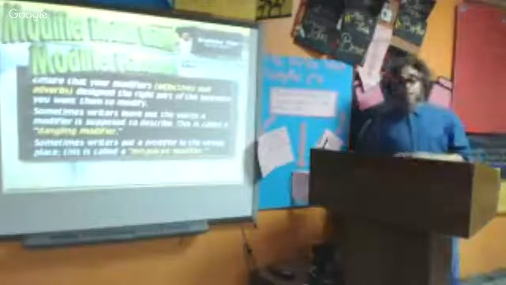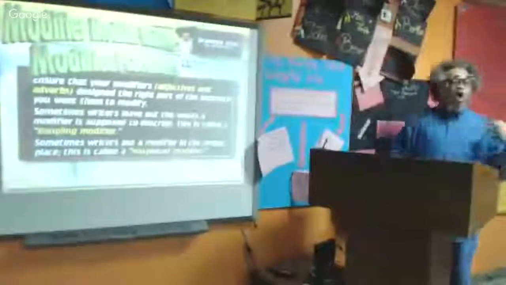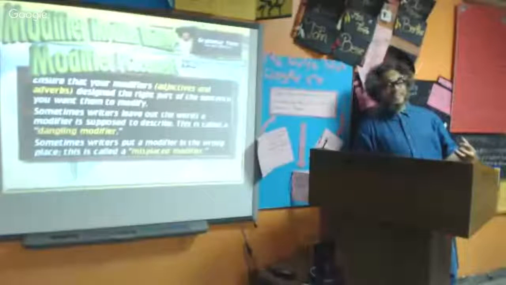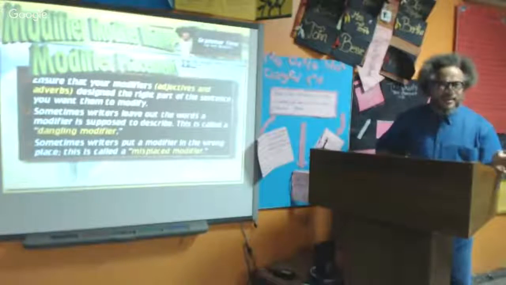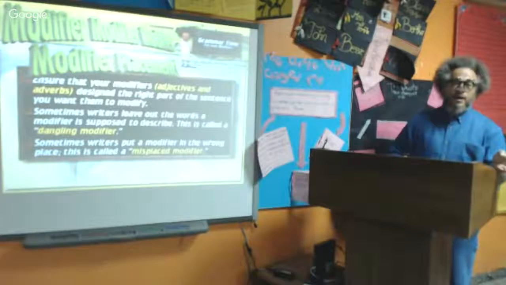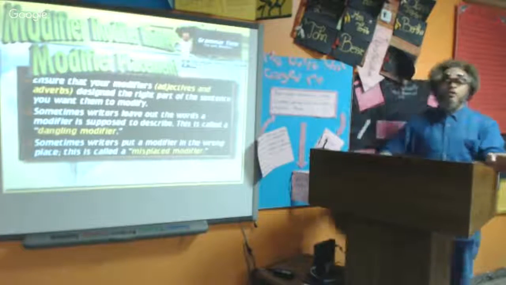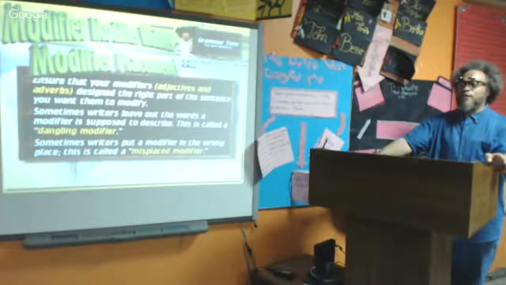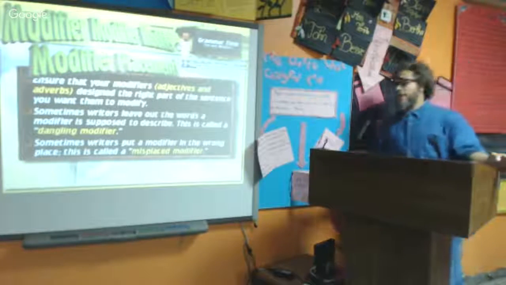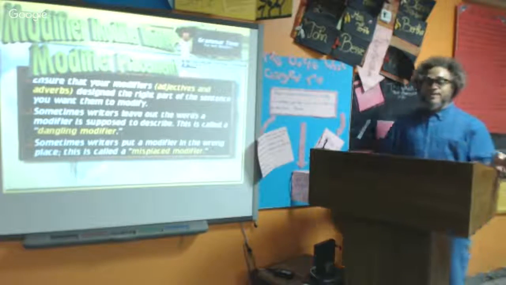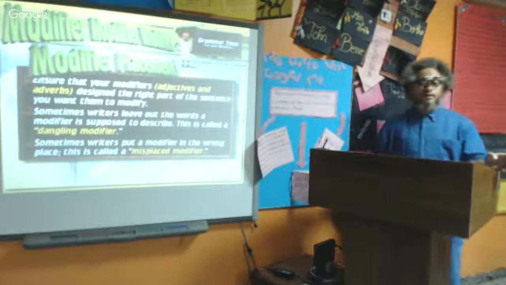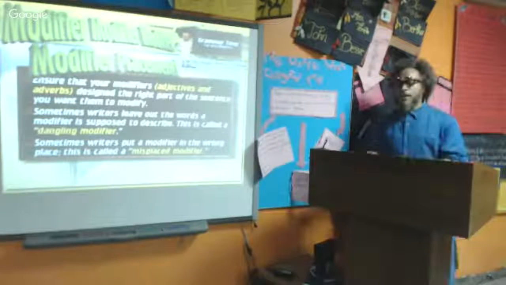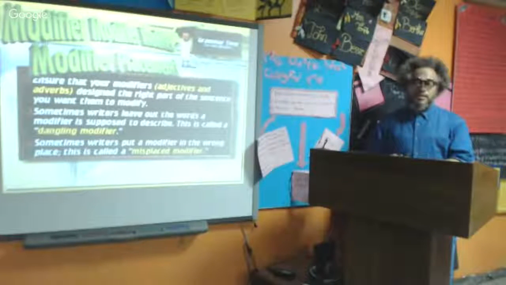The other modifier problem is when the author mistakenly or intentionally puts the modifier in the wrong place. In this situation, the thing being modified is in the sentence, and the modifier is in the sentence, but they're in the wrong place.